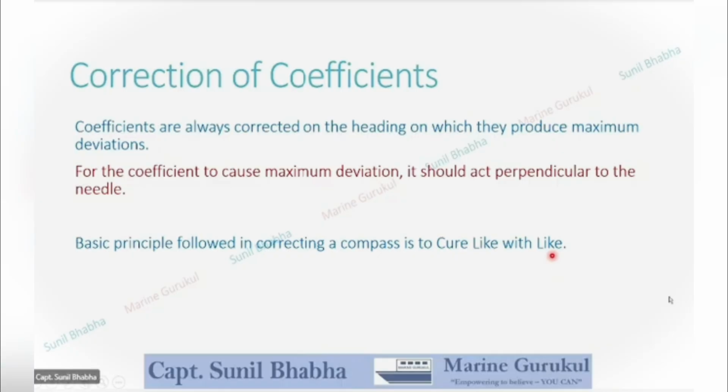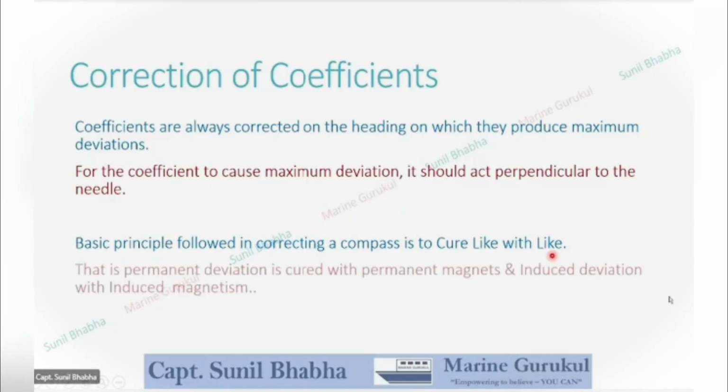Induced deviations are corrected or cured using induced magnets. So permanent is corrected with permanent, induced is corrected with induced. So same thing is mentioned here. Permanent deviation is cured or corrected with permanent magnets. Induced deviation is corrected with induced magnetism.